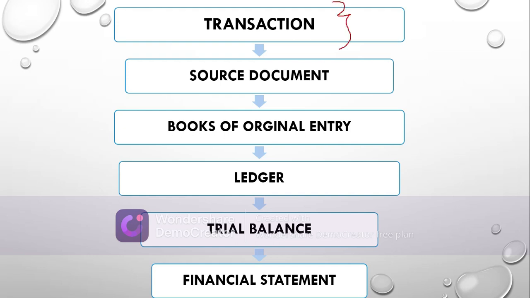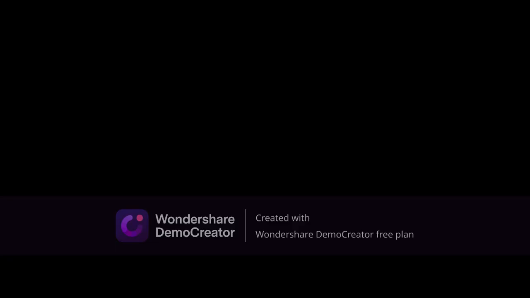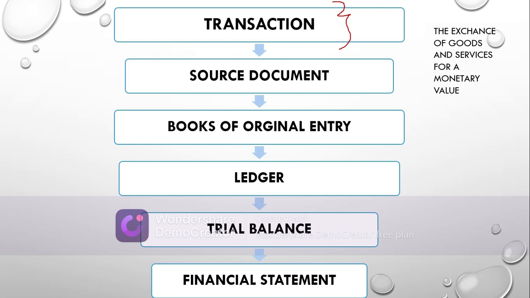In my last video, I gave a more defined and simplified definition of a transaction, which is the exchange of goods and services for monetary value. So the first and foremost step you need to take before recording and reporting the financial information is identifying the transaction.